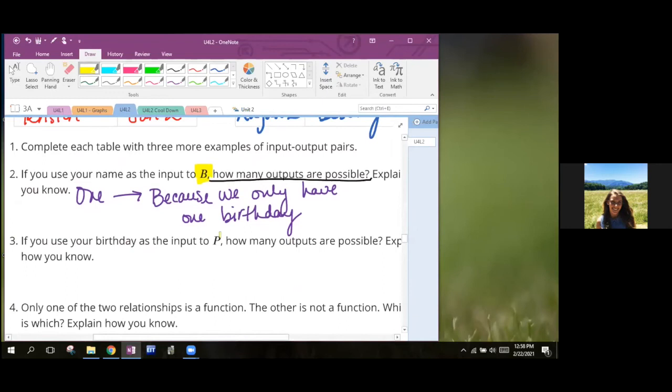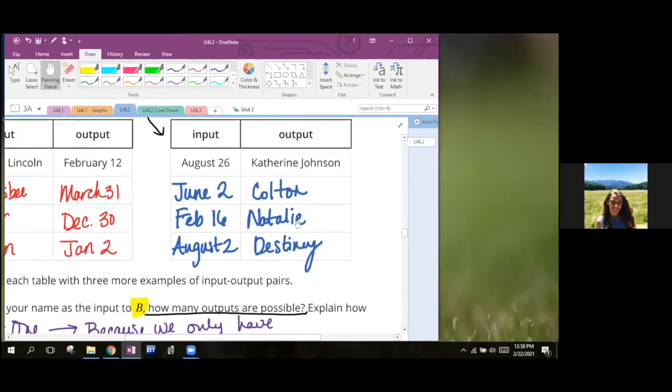Okay, now looking at P, the second table. If you use your birthday as the input, how many outputs are possible? Okay, so right here we did Colton's birthday on June 2nd. Is Colton the only person who could have ended up on this output? No. Who else could we have put there?